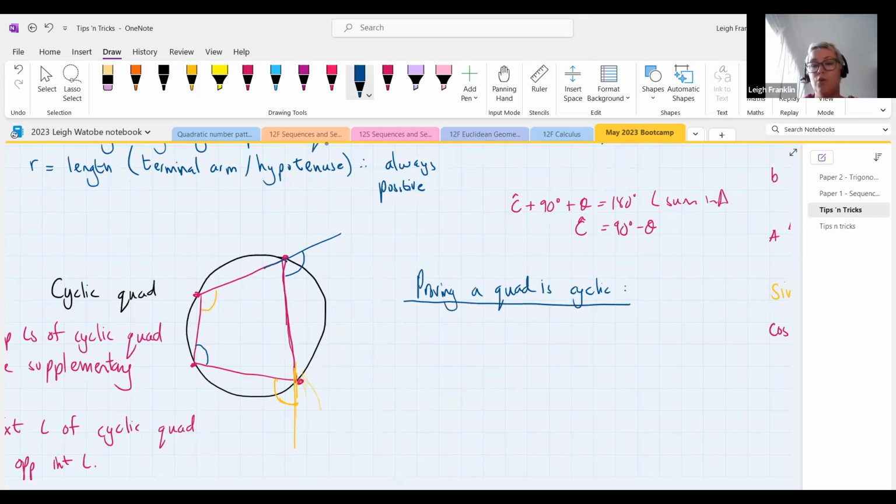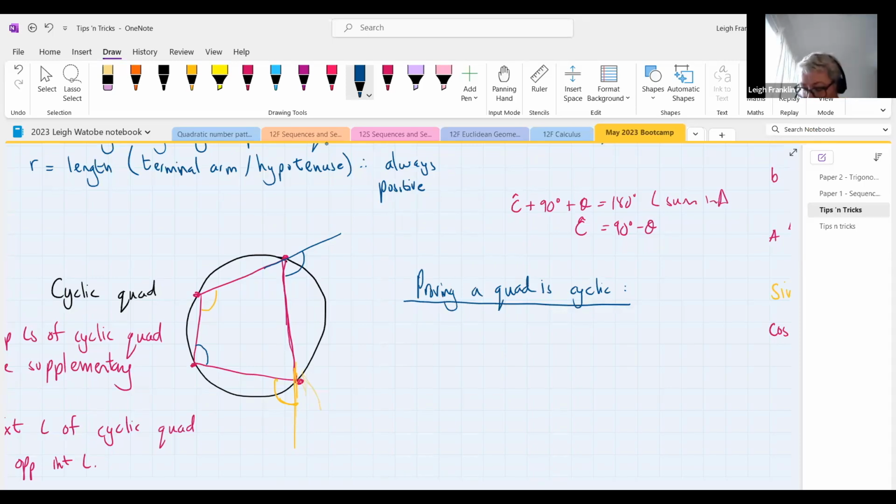What you're doing when you are proving a quad is cyclic is you're proving that it's possible to draw a circle through the 4 points. Not that there necessarily is a circle there, but that it's possible for you to be able to do so.